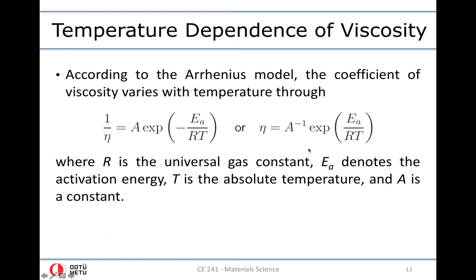Let's concentrate on the one on the right. Here we have the viscosity, some coefficient A inverse, or you can call it anything, let's say B, times the exponential function of what we call the activation energy divided by the thermal energy, where thermal energy is given by the universal gas constant times the absolute temperature. Generally, temperature is expressed in kelvins.